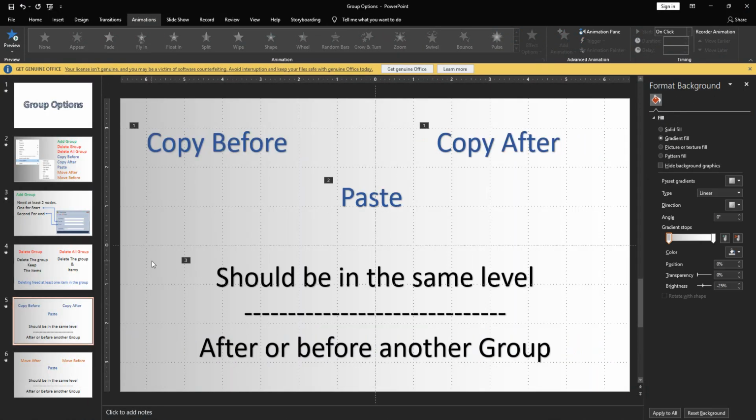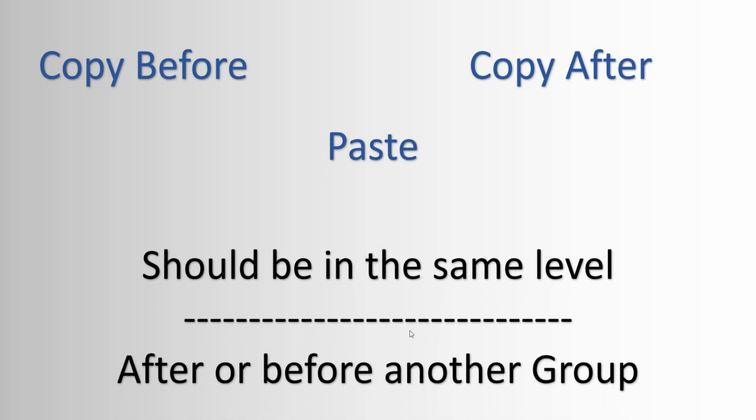the next slide, which is making copy before or copy after, and making paste for this copy. You should have another group on the same level. After that, you can make a copy after or before. Let's check that.